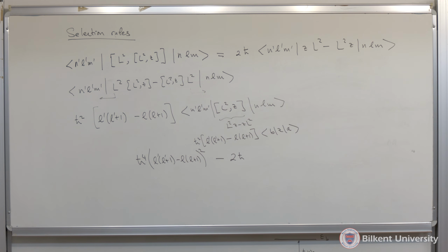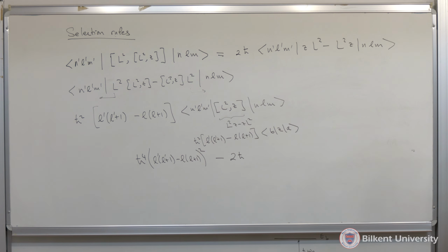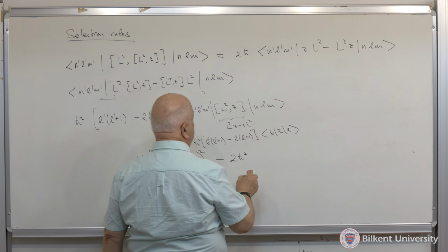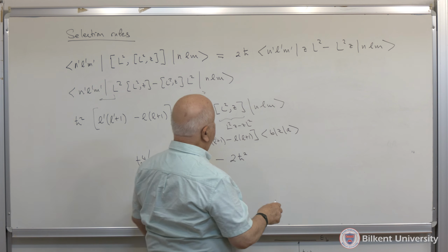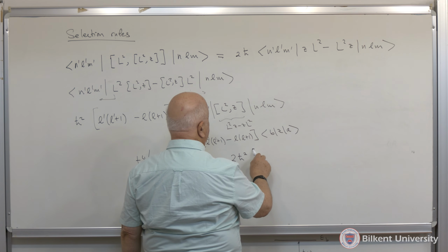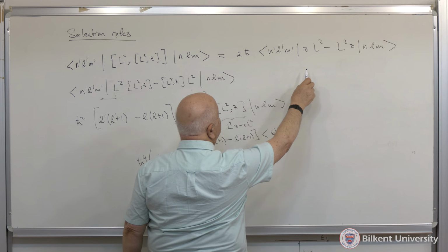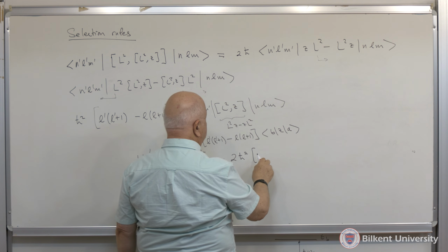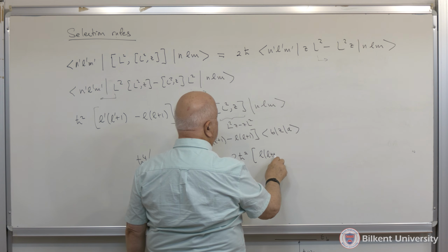Otherwise I don't have good units. So 2 h bar squared, and then I have this operating to the right gives me l plus 1.